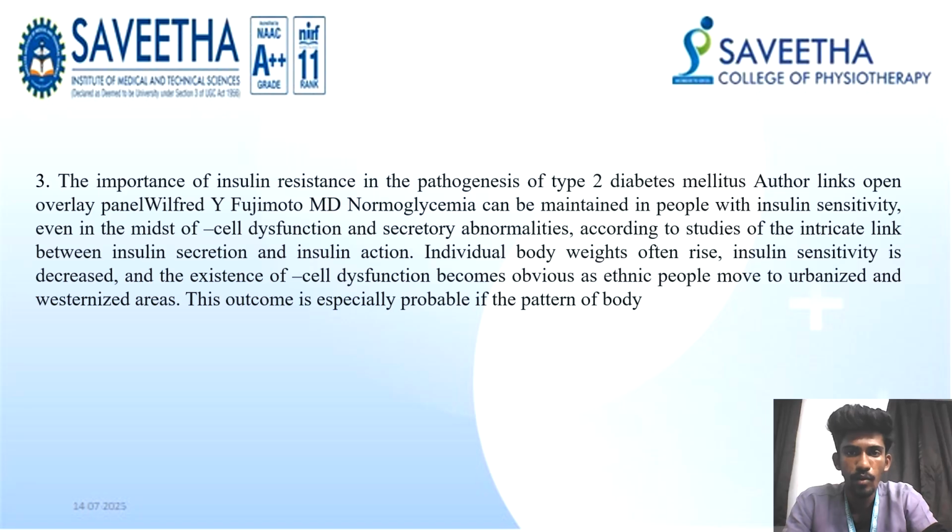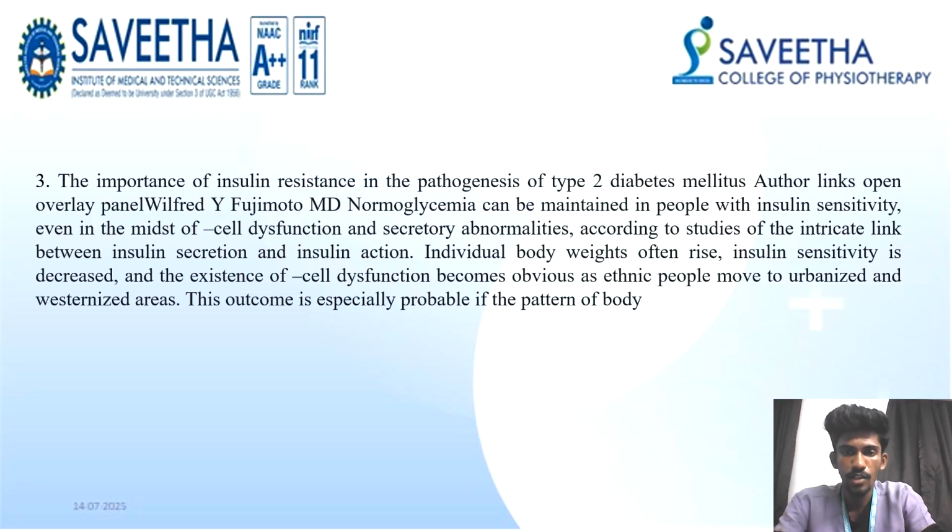Next, Wilfred Y. Fujimoto, the central role of insulin resistance study, highlights that insulin resistance is often the first sign before diabetes fully develops. In populations moving from rural to urban lifestyles, insulin resistance increases due to weight gain and inactivity. Even if insulin secretion is reduced, normal glucose can be maintained if sensitivity is high.